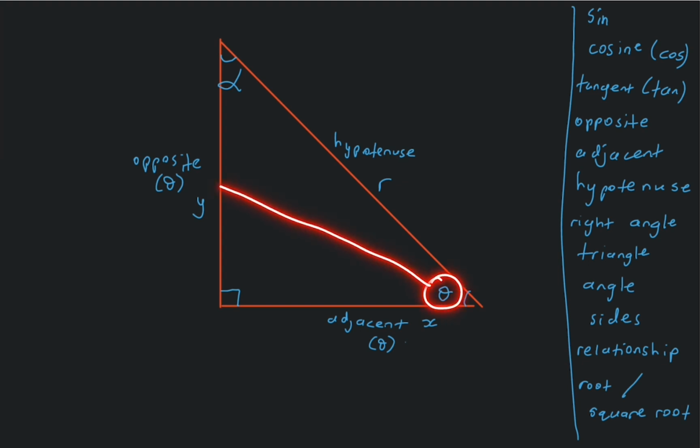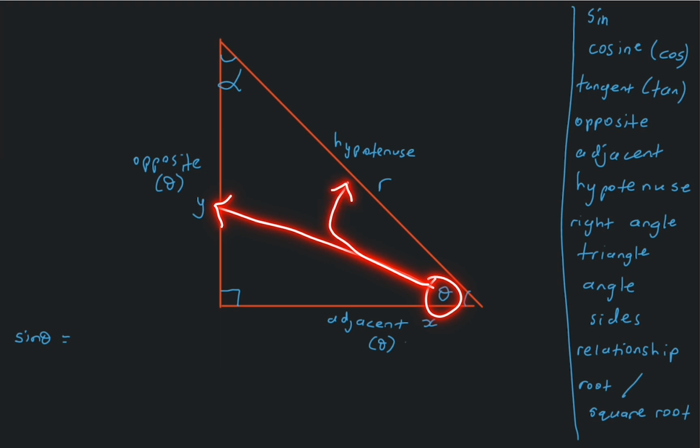The sine of theta is equal to the opposite divided by the hypotenuse. Opposite side is y divided by r.